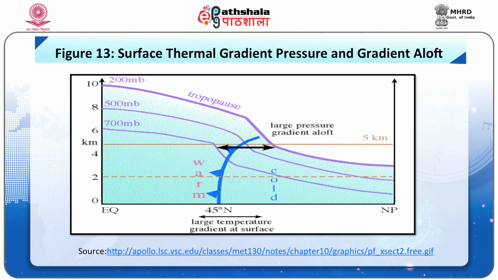Thus, thermal contrast at the surface results in a steep pressure gradient in the upper air. The intensity of the thermal contrast is at its peak during the winter season. Therefore, the pressure gradient and resultant jet streams are strongest during winter, as can be seen in figure 13.